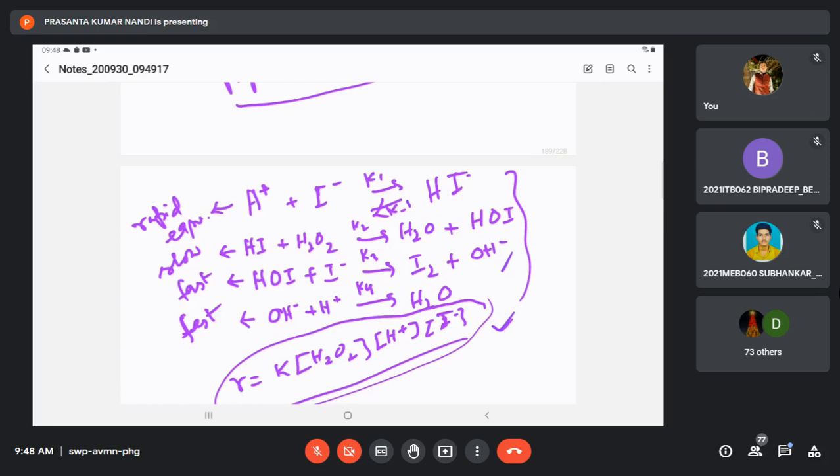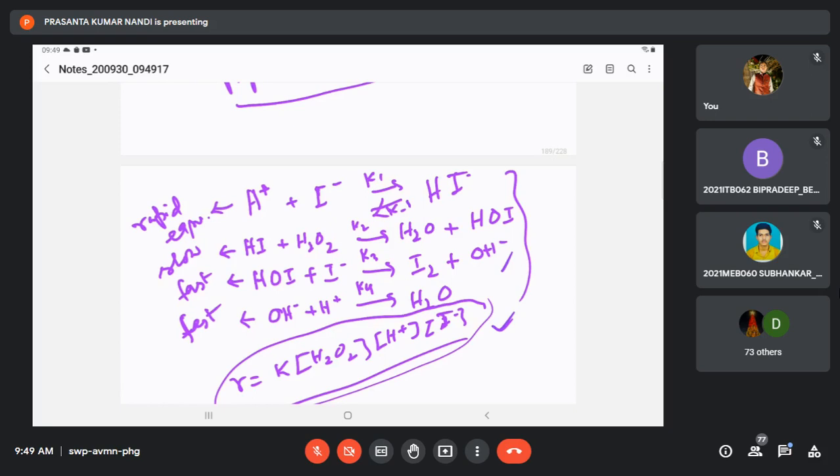Then the slow step is the second one, reaction between hydrogen peroxide and hydrogen iodide to produce water and hypohalide, HOI. Then the HOI, hypoiodic acid, reacts with I minus to produce I2 and OH minus with constant K3. And the last faster step is also formation of water from constituent ions.